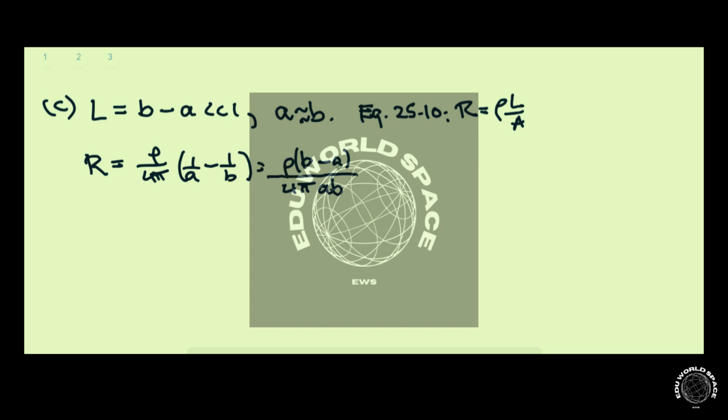The part in the numerator is already defined as L, so we have ρL over 4π AB.